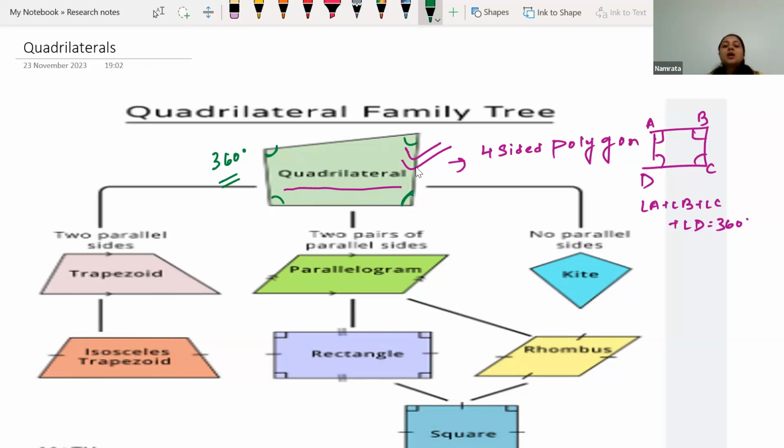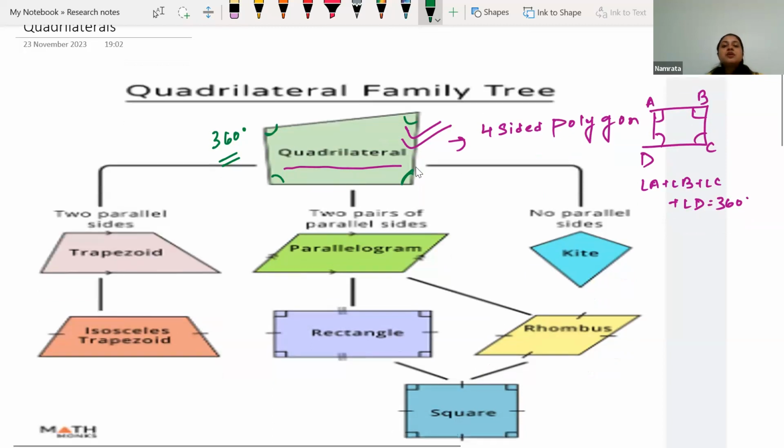Trapezoid, parallelogram, kite, isosceles trapezoid, rectangle, rhombus, square, each and every polygon over here is a quadrilateral at first, and its sum of all the interior angles has to be 360 degrees for each and every one.